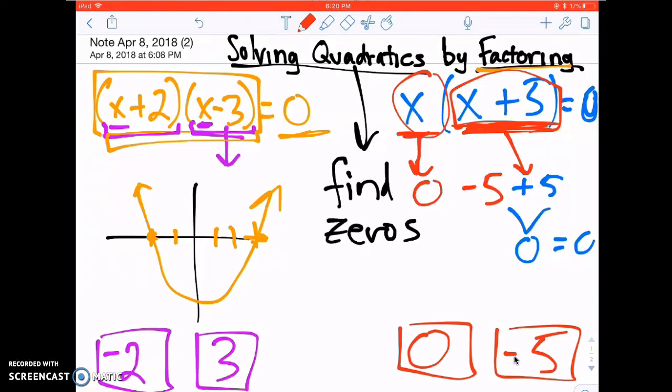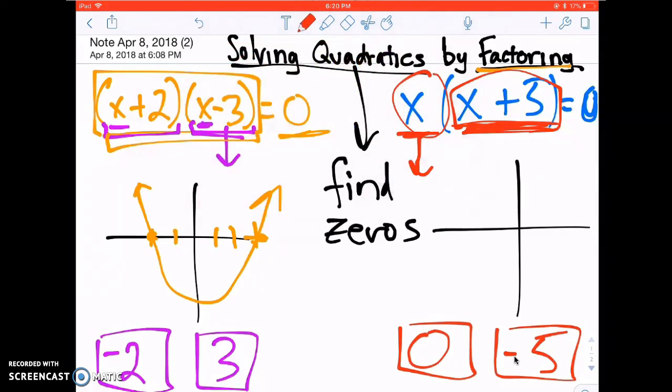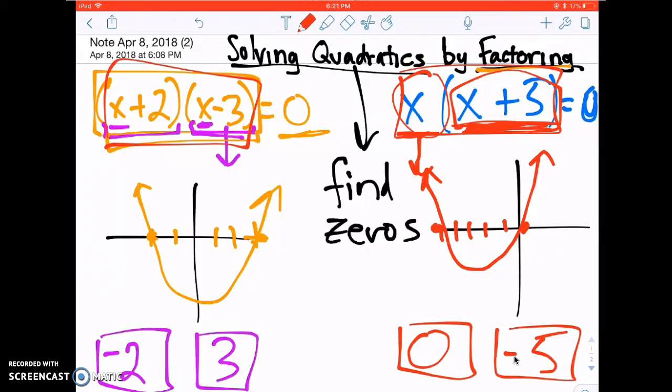If we were to graph this, our graph would look something like this, and we would have a zero at negative 5 right there, and a zero at 0 right here, and I can see this is a positive graph, so it looks something like this as well. And there you have it. That is the easiest way to find your zeros if your equations look super nice like this.